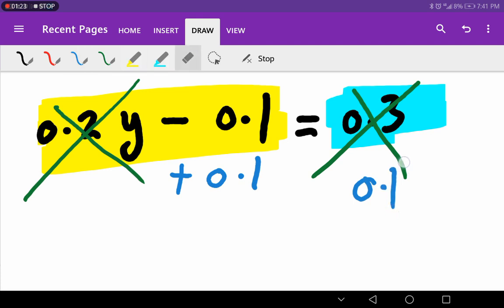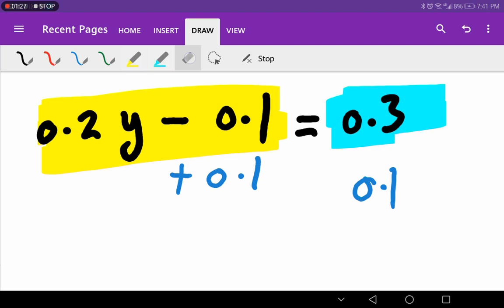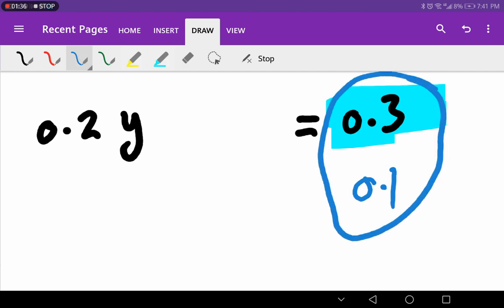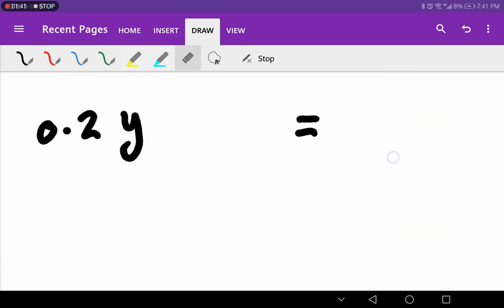As you see here, we ignore it for a while. Now this will be eliminated, and we calculate this: it is 0.3 plus 0.1, it is equal to 0.4. Sorry, my dear student. So now we are reaching this situation.